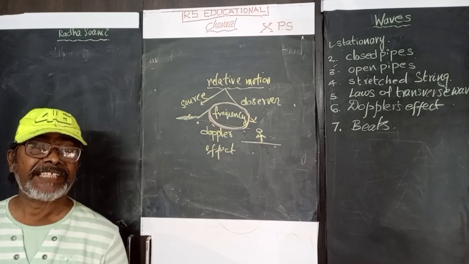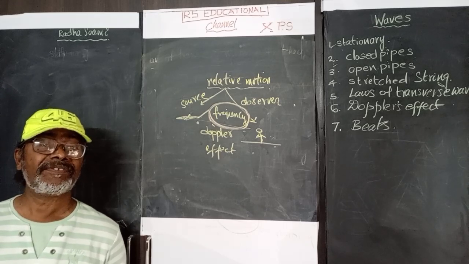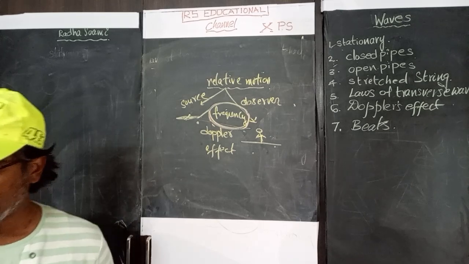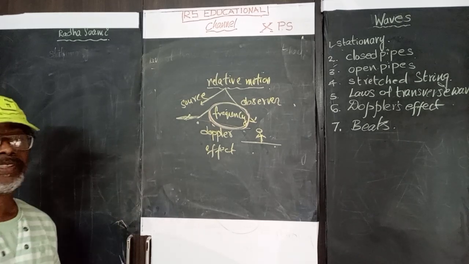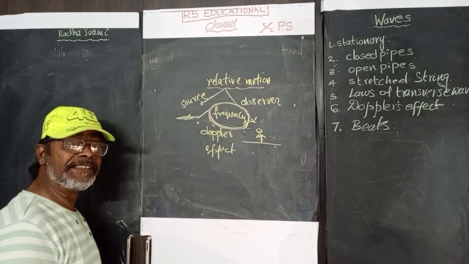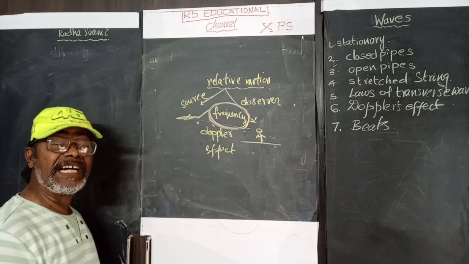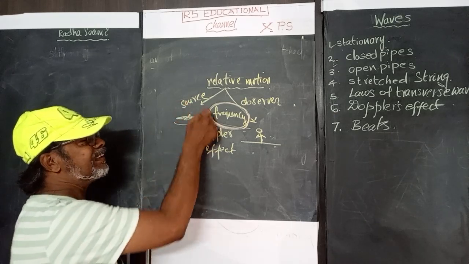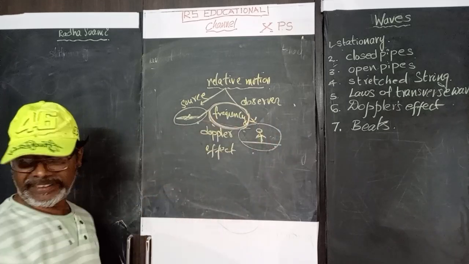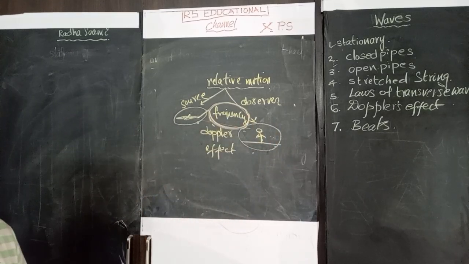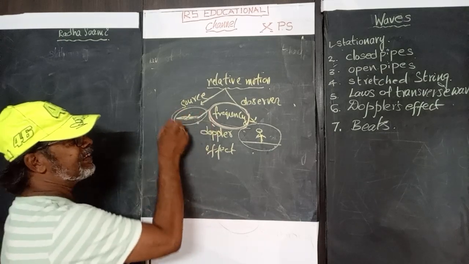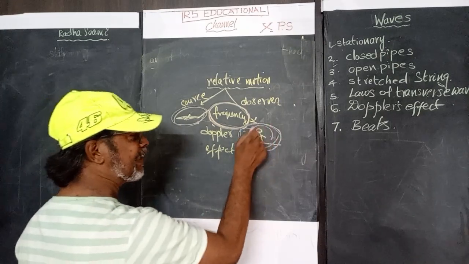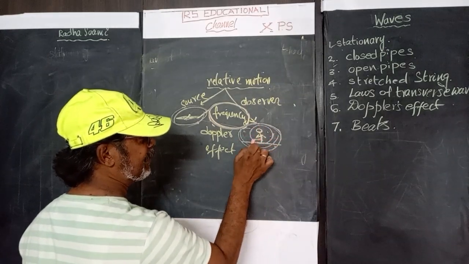Then, next question. How many types of motions do we get here? What is a relative motion? Already you know. Relative means with respect to other. Here the source is there, and the observer is here. In this case, the observer is at rest, sitting on the side.